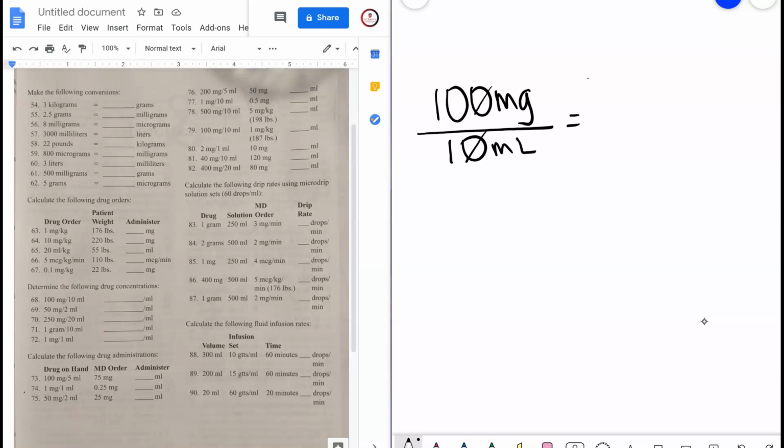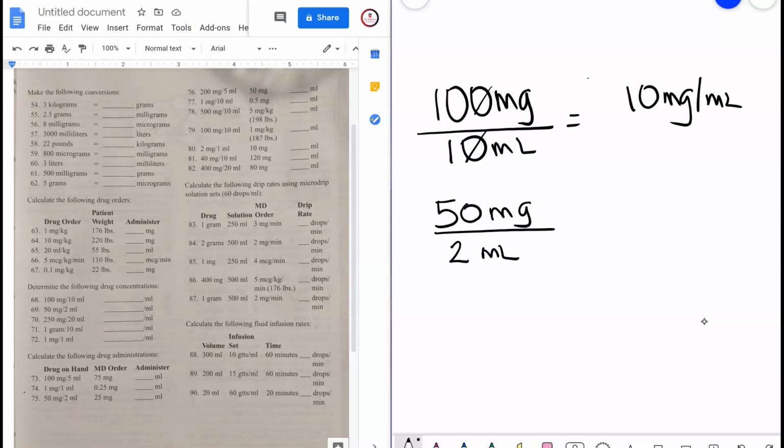So quite simply, this is 10 milligrams per milliliter. If you have 50 milligrams in 2 mL, you're just going to divide 50 by 2. That should be pretty simple.